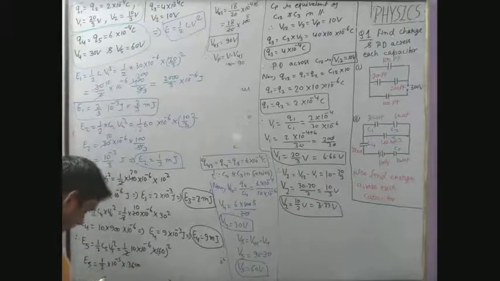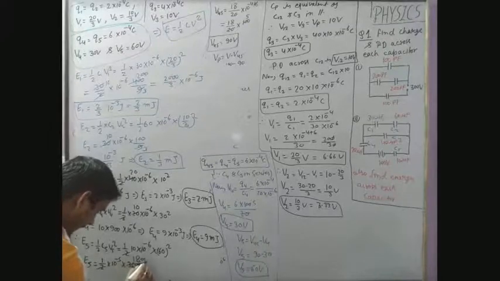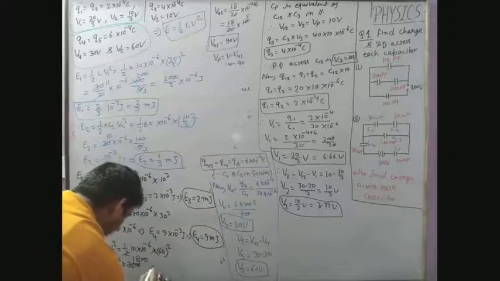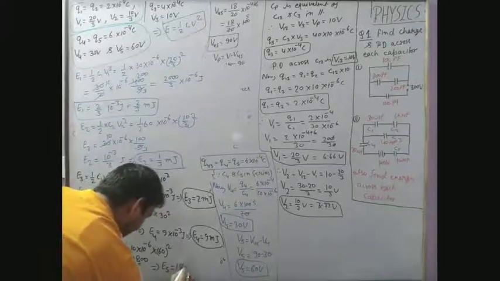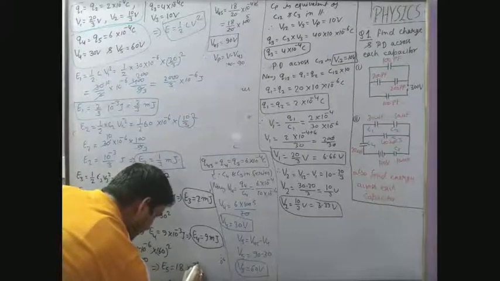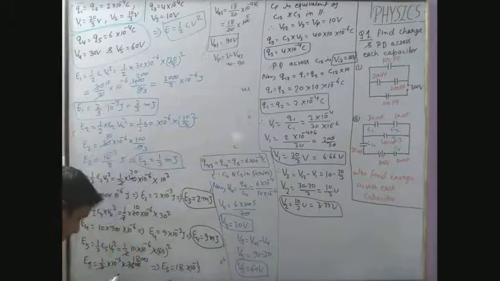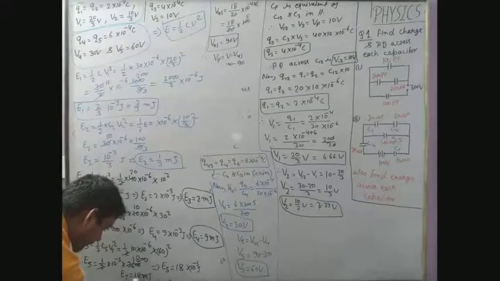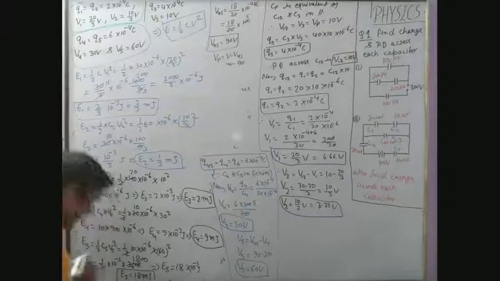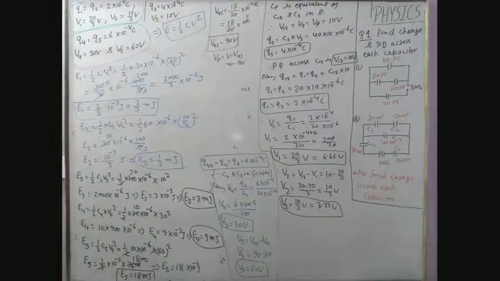Okay, this will be cancelled by 1800 times. So E5 is equal to 18 into 10 to the power minus 3 joule, which means E5 is 18 millijoule. This is how you can solve the numericals. Thank you.